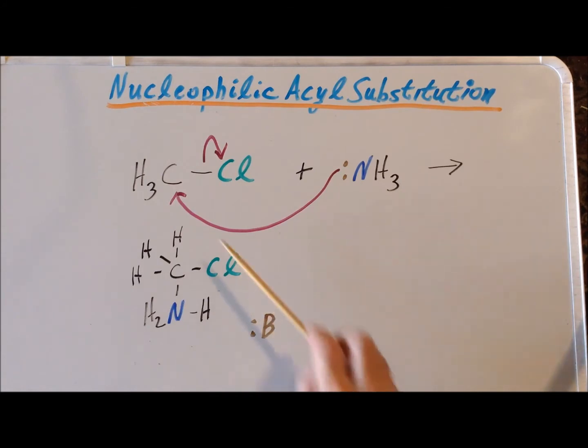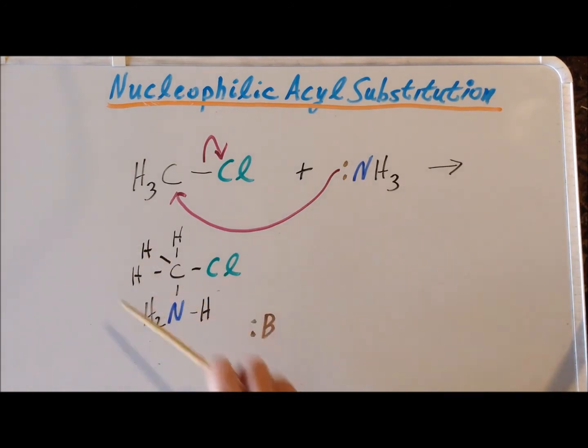Merely drawing the transition state gives us some insight into how crowded it is, because we have 5 different groups attached, at least during the transition state, attached more or less to the carbon. So we have that pentavalent transition state.